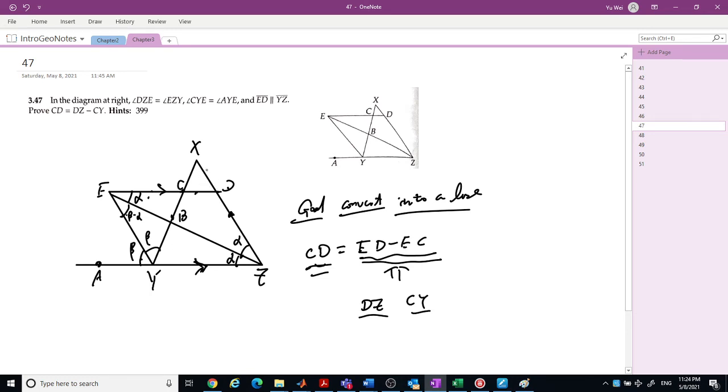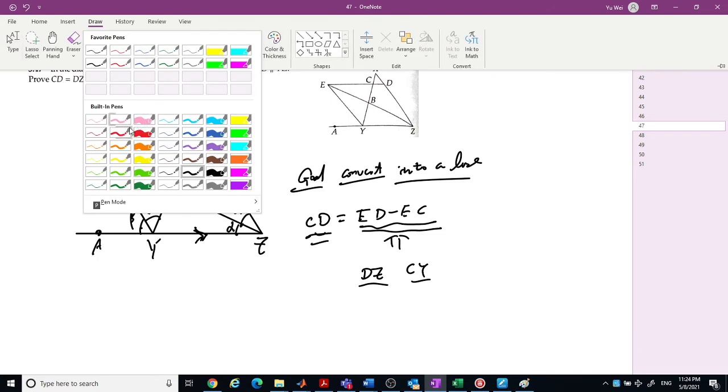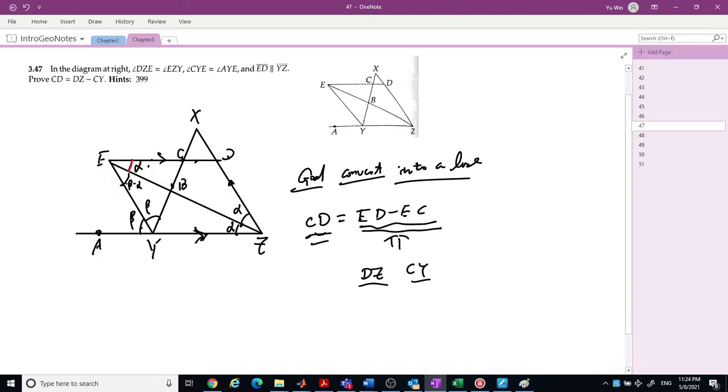If you see this angle is alpha and this angle is alpha, means DZ is equal to ED. Great! We're already converting this line to the line ED, which is the same line as CD. So you can easily construct how to calculate CD.